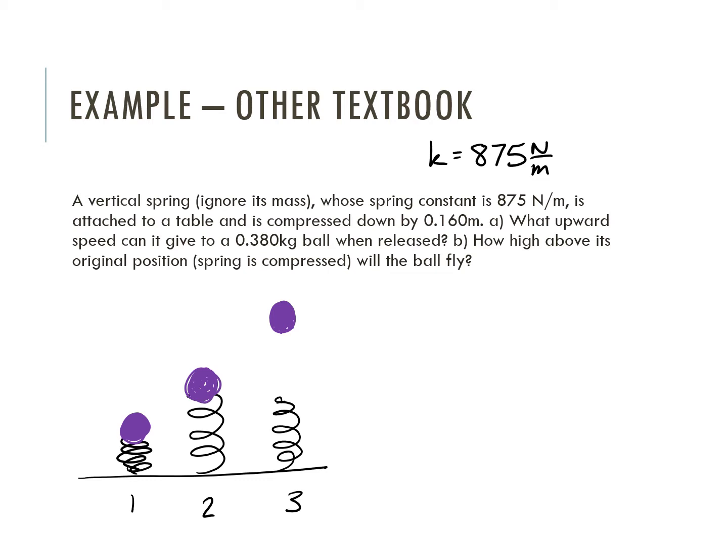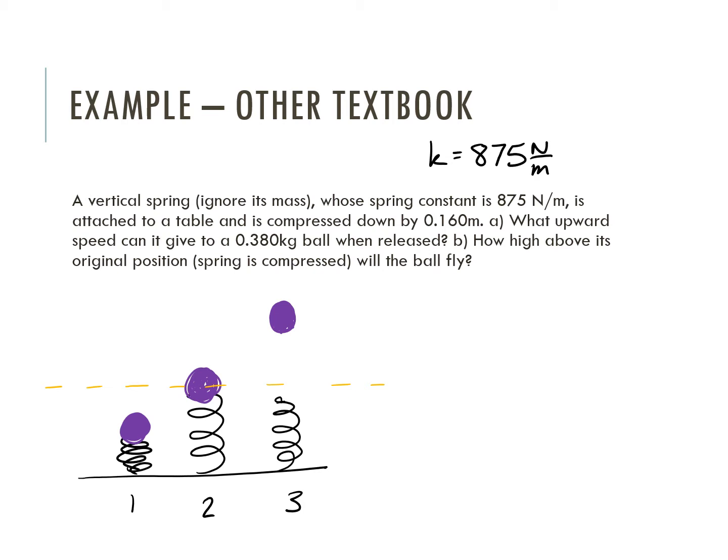I need to establish where I want my y equal to 0. In this case, I'm going to want my y to be equal to 0 at the same location where I place my x equal to 0. What that does is allow me to use x and y the same.